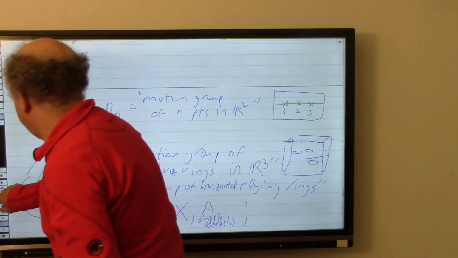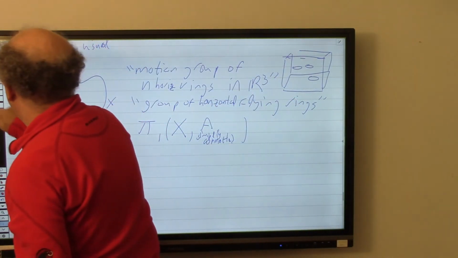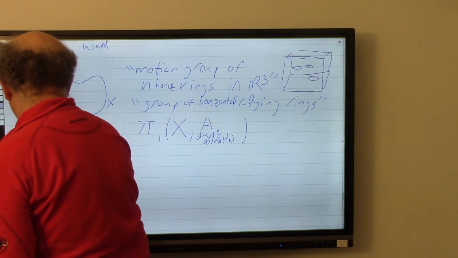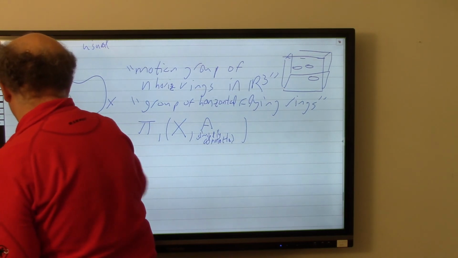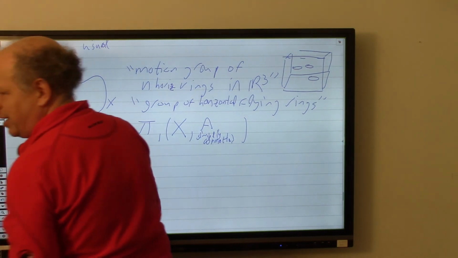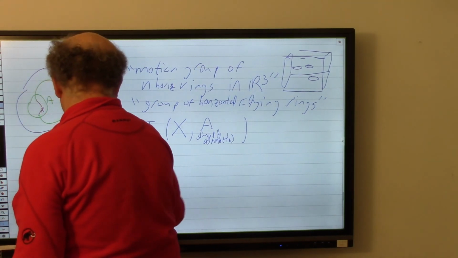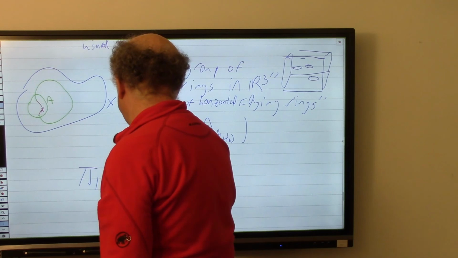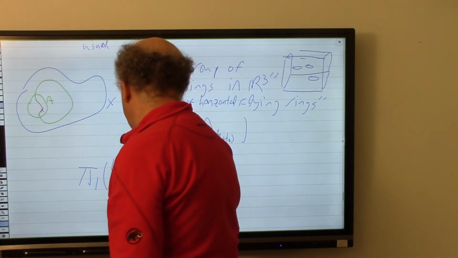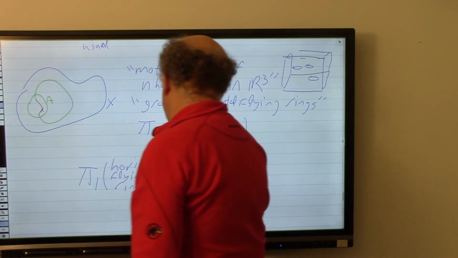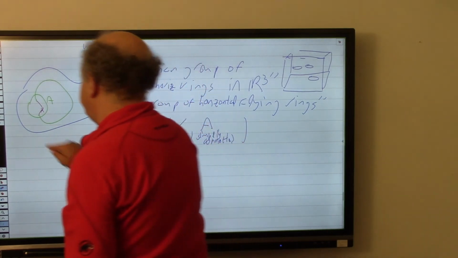Okay, so after all this introduction, I will redefine PwBN. I didn't yet tell you that it's PwBN. Let's look at pi1 of horizontal flying rings, and I can choose any simply connected base point.